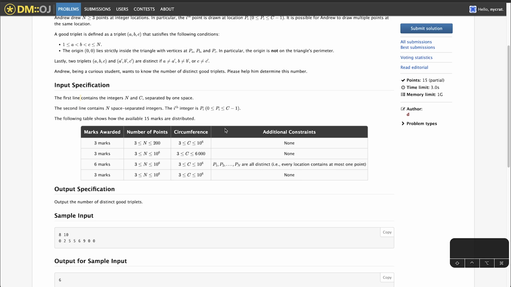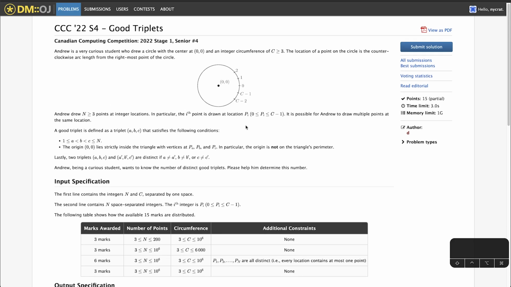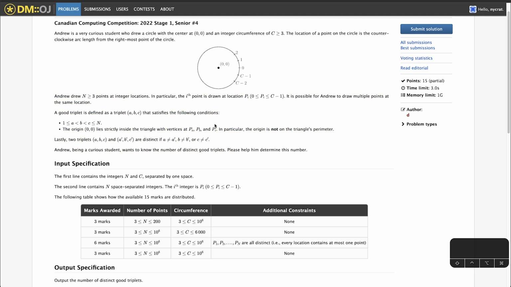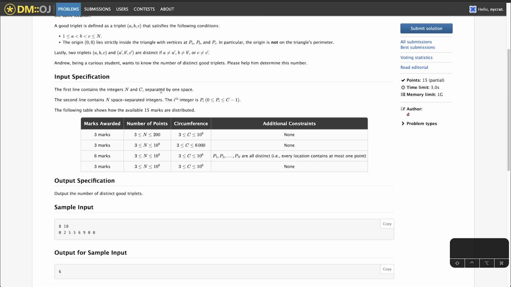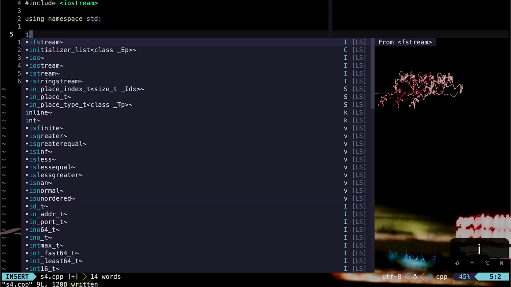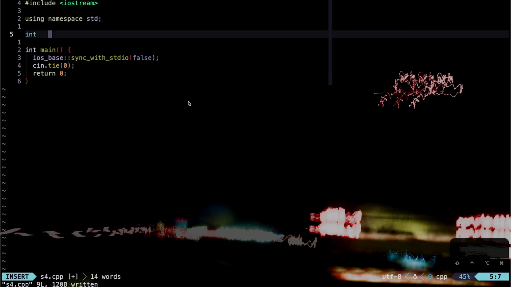And the first line contains, I think this might be doable. It's some interesting math. Probably don't know how to do. Let's see. N and C. And the second line contains n space-separated integers.